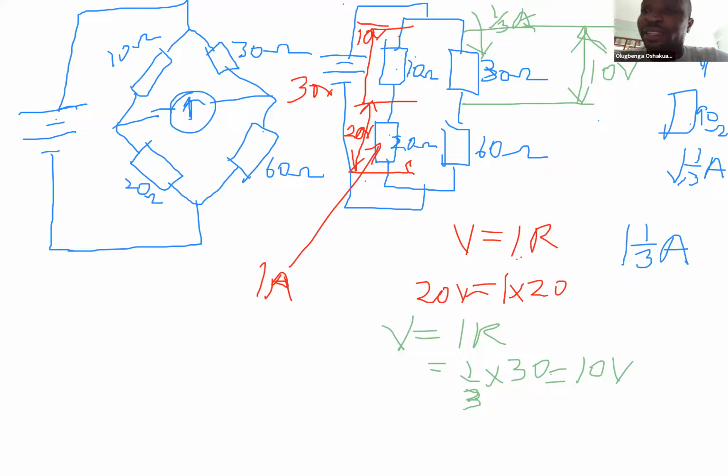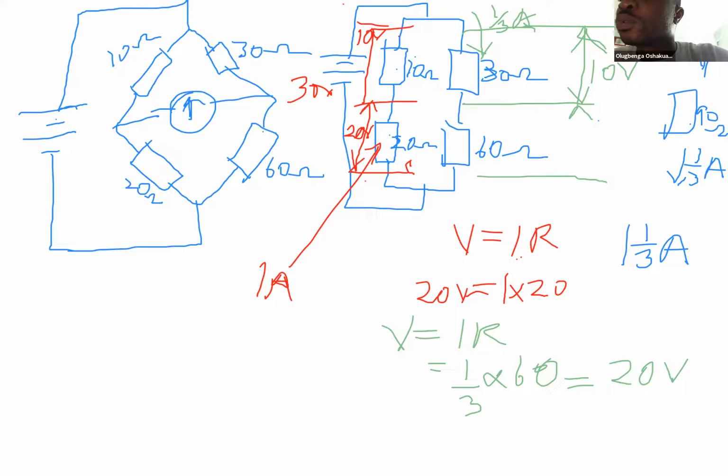While when we want to determine the voltage that will drop across the 60 ohm resistor, we can also say that V is equal to IR, just like we have said over and over again. The current is 1 over 3, and the resistance value is 60 ohms. 1 over 3 times 60 gives 20 volts. And that means that 20 volts will drop across the 60 ohm resistor.